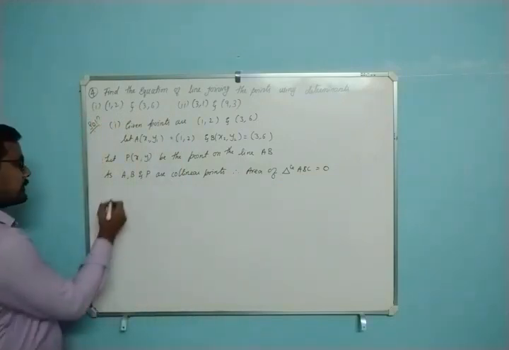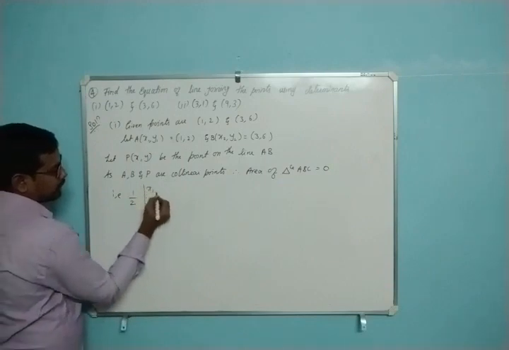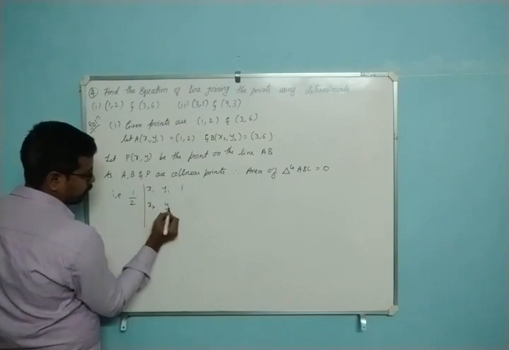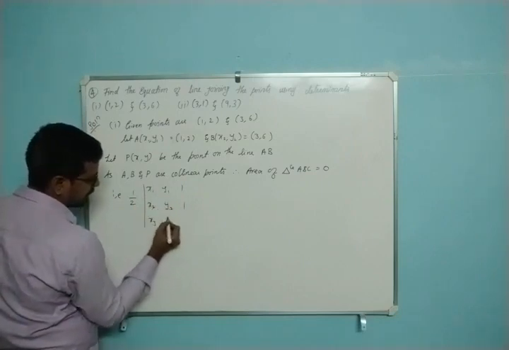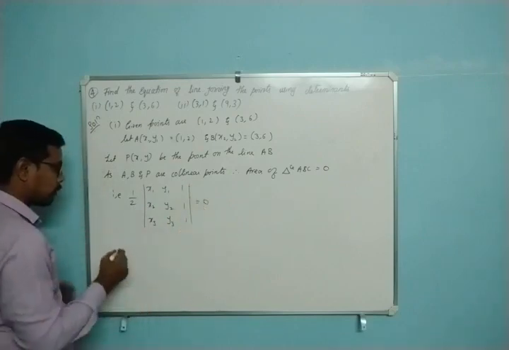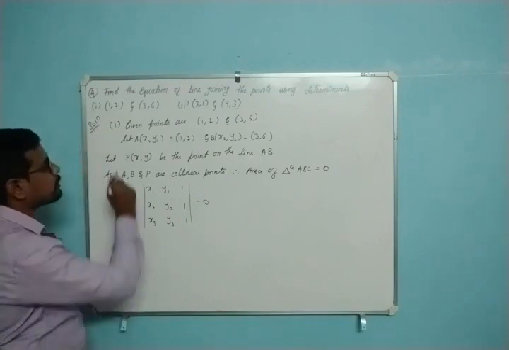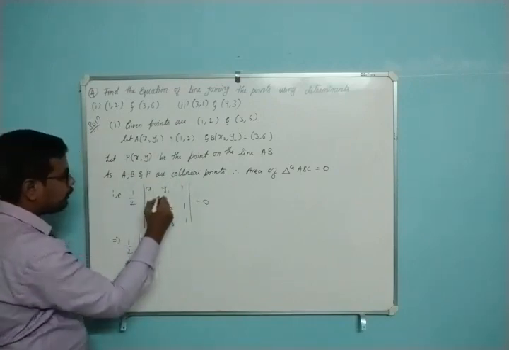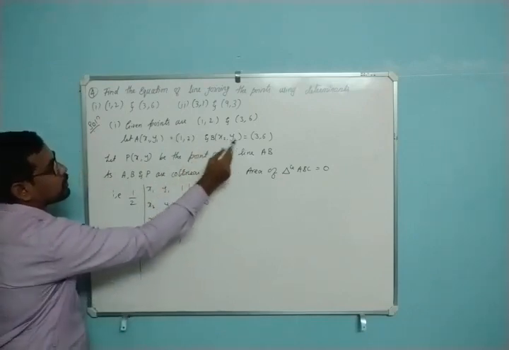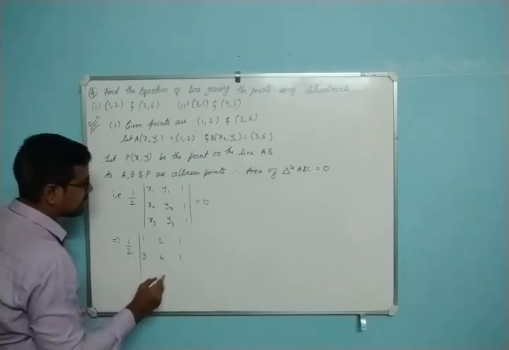That is, half of the determinant with rows x1, y1, 1; x2, y2, 1; x3, y3, 1 will be equal to 0. What is x1? 1, y1 is 2 and 1 as it is. x2 is 3, y2 is 6, 1 as it is.